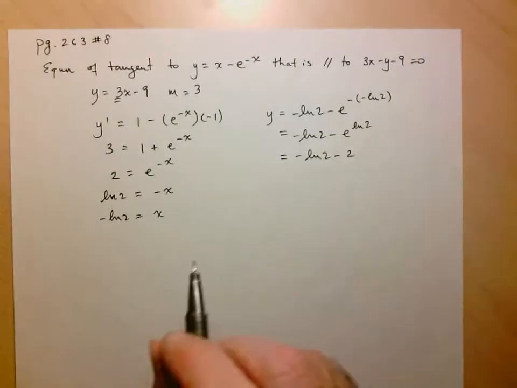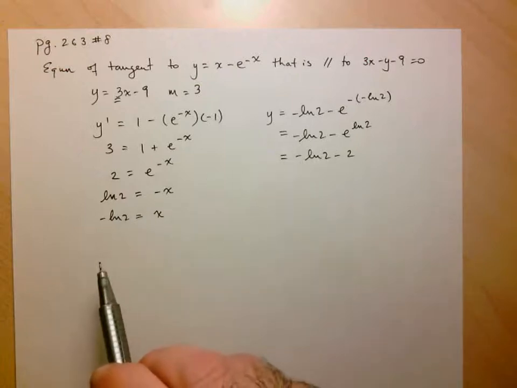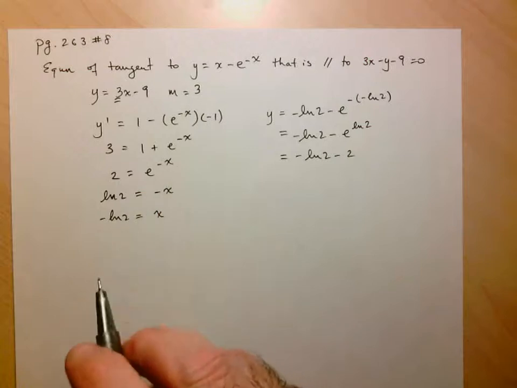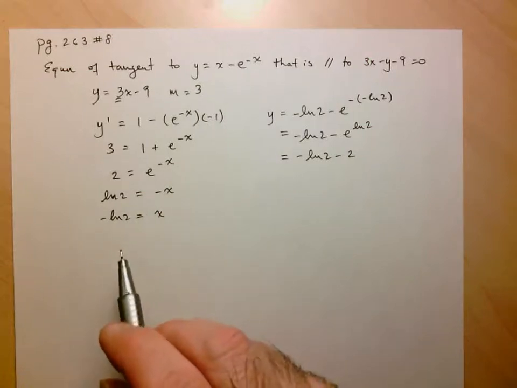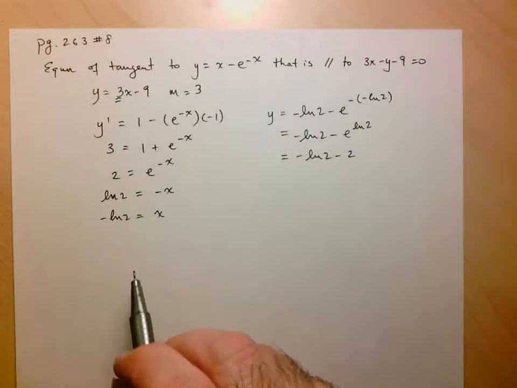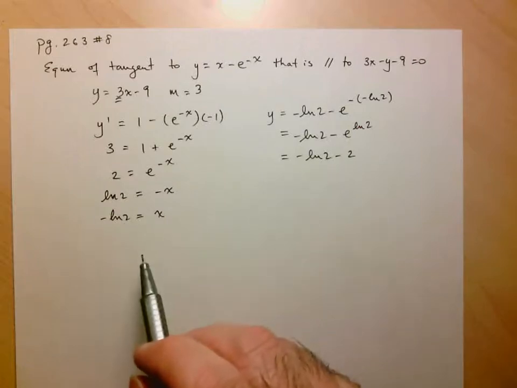Now that I have a point, the x and y value, and the slope of the line, I can find the equation. This is one of these examples which is really nice to use the point-slope form instead of the slope-intercept form, because these are not particularly nice numbers and solving for b would be a bit annoying.